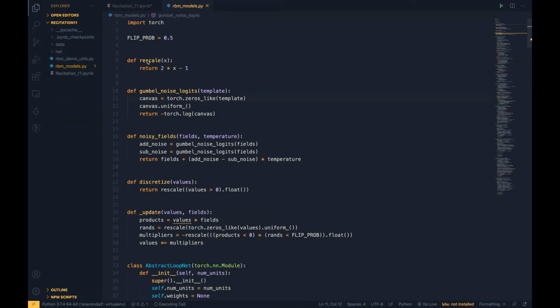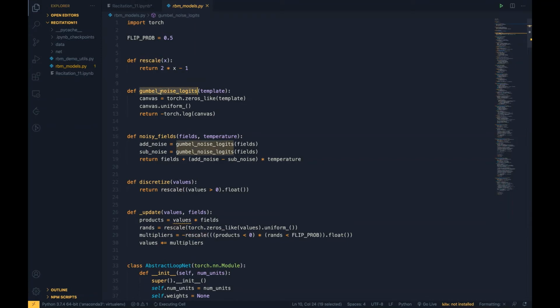It is used together with discretize, so that all the negative values will be minus 1 and all the positive numbers will be 1. So it makes all the values either minus 1 or 1 with the help of rescale.